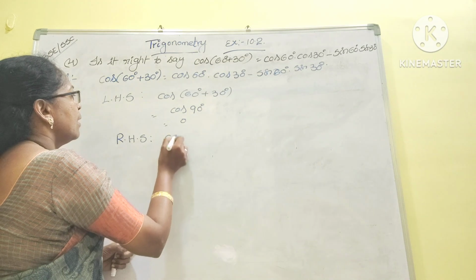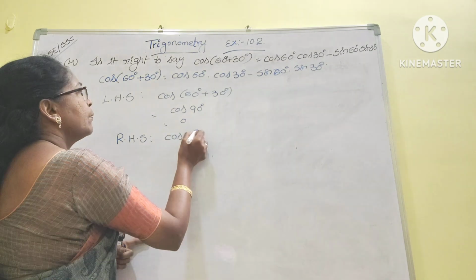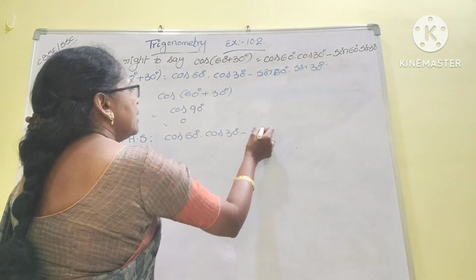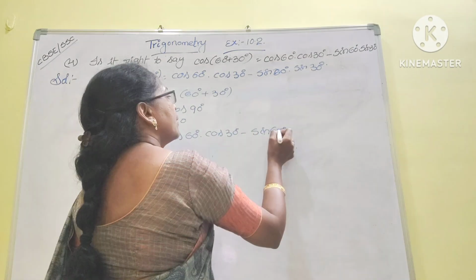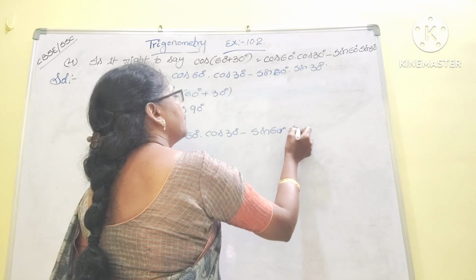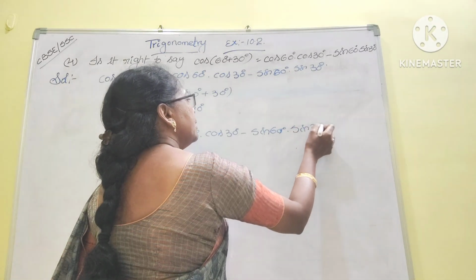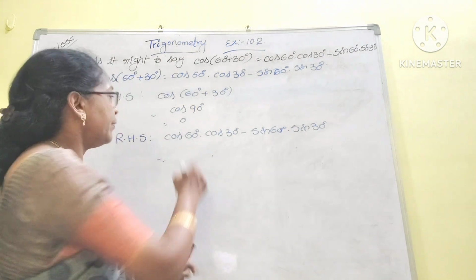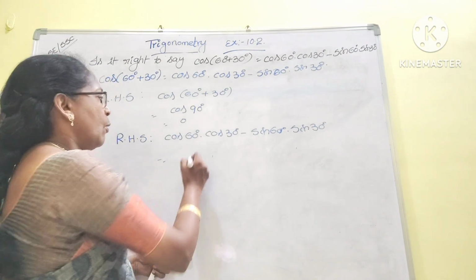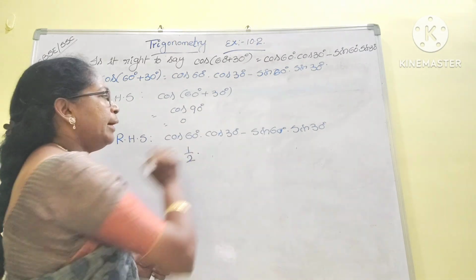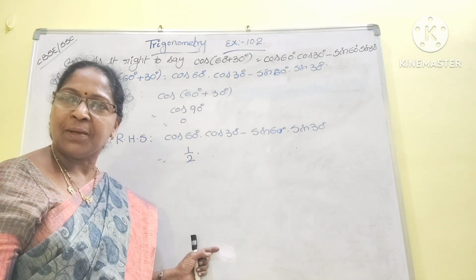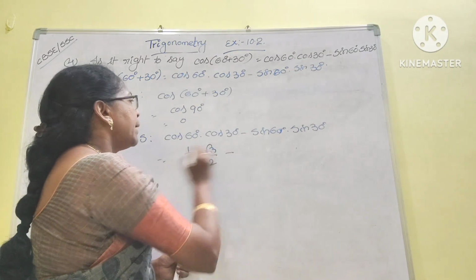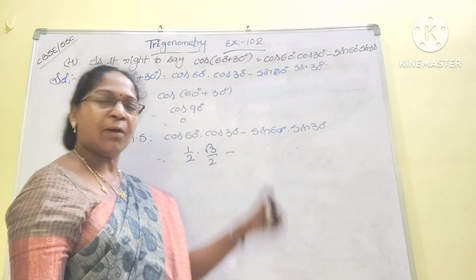That is cos 60 degrees into cos 30 degrees minus sin 60 degrees into sin 30 degrees. Now here cos 60 degrees, where cos 60 equal how much? 1 by 2 into cos 30 equal how much? Root 3 by 2. Minus, where sin 60 equal how much?